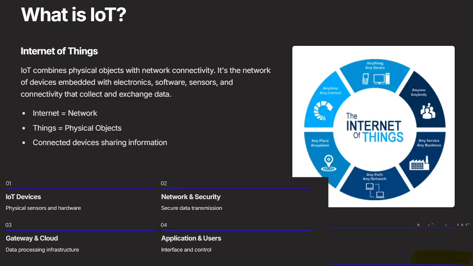And what is IoT? IoT combines physical objects with network connectivity. It's a network of devices embedded with electronics, software, sensors, and connectivity that collect and exchange data, and it is about sharing data with the physical components.